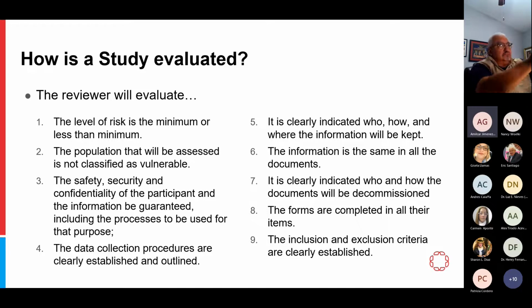And this is also very important because I have read sometimes in the proposal, in the methodology, they say A, B, C, but then when I go to the F08 form, it says B, C, and D, or the title is different. No, it has to match. Everything needs to be the same. It must also be clearly indicated who and how those documents will be decommissioned.